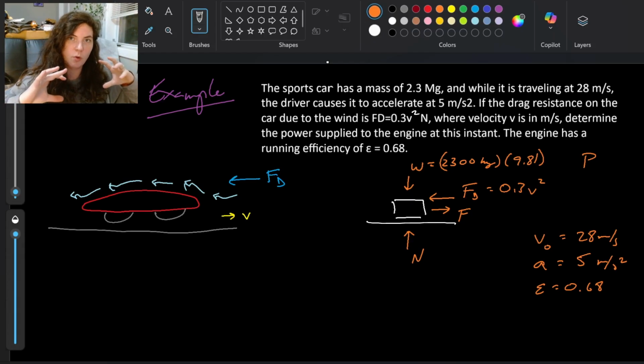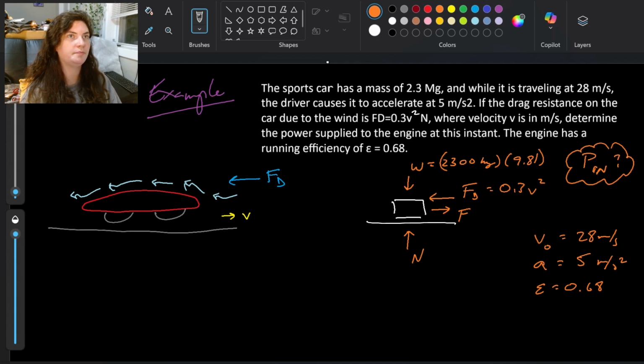So for that force to move the car forward, it's the power output that is related to that actual force of movement, not the power input. The power input we'll find by the efficiency relationship, whereas the power output is going to come from P equals F times V. So we're looking for our power input.